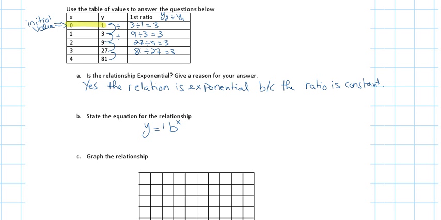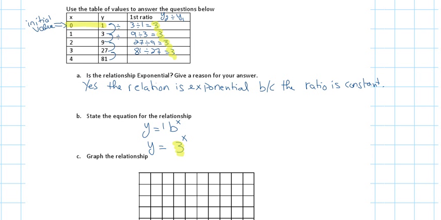So what do I replace b with? b is replaced by your ratio. So that b value right here is the ratio that you get in your table when you're doing y2 divided by y1.